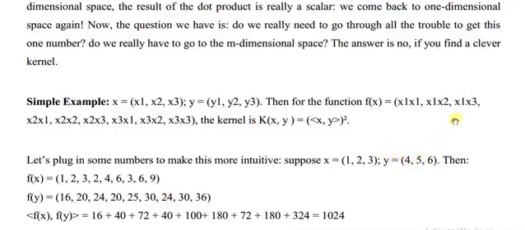Then 5 into 4 is 20, 5 into 5 is 25, 5 into 6 is 30. Next, 6 into 4 is 24, 6 into 5 is 30, 6 into 6 is 36.